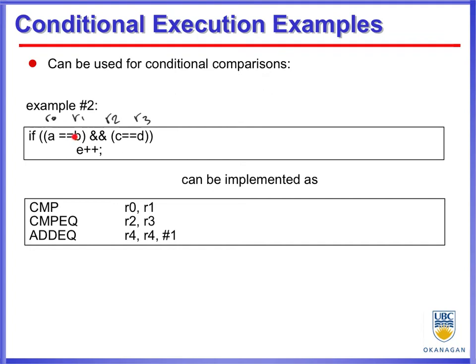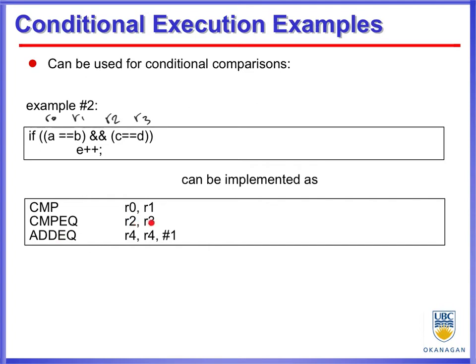But if A and B are equal, well then the Z bit's going to be set equal to 1. And if you go back, we're going to compare if equal. If the Z bit's equal to 1, then we're going to do this comparison. We're going to check R2 and R3. And this is going to subtract these two, and again update the Z bit in the processor status register. And then the third is also conditional. Conditional on equal means it's going to check the Z bit.